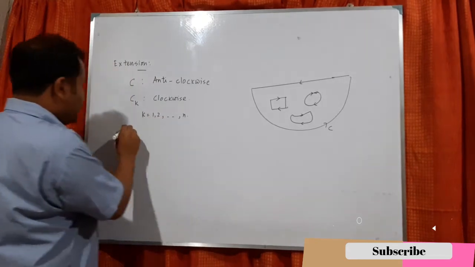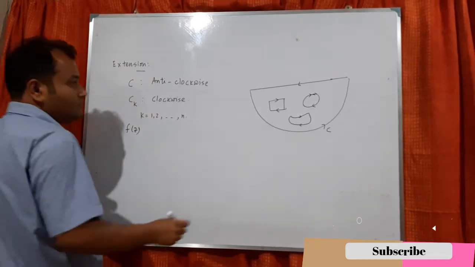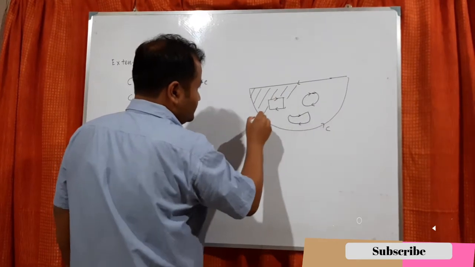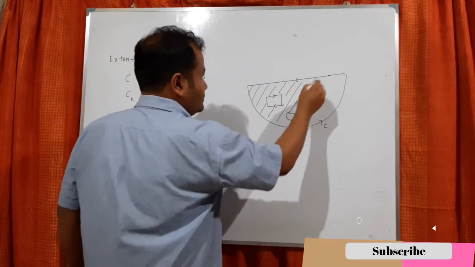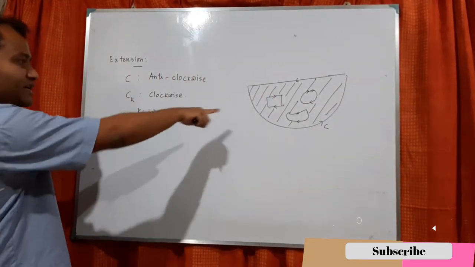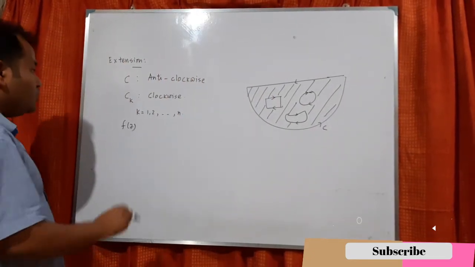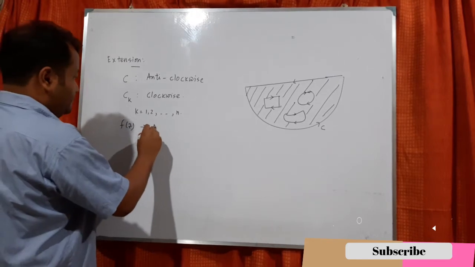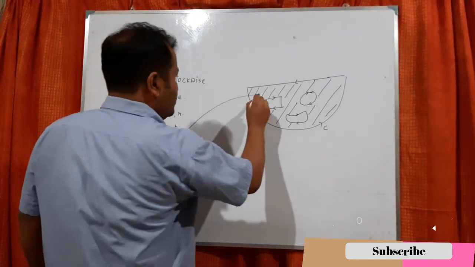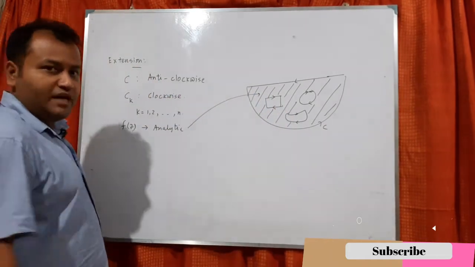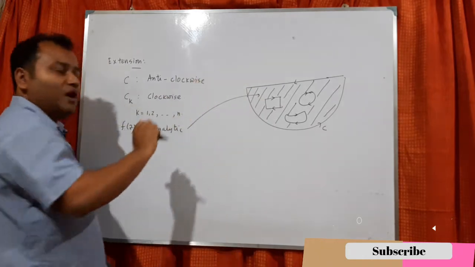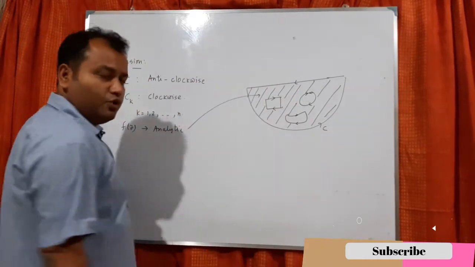And f(z) is a function which is analytic on this shaded region, that is, outside the small holes and inside the bigger curve. So that is the remaining portion.